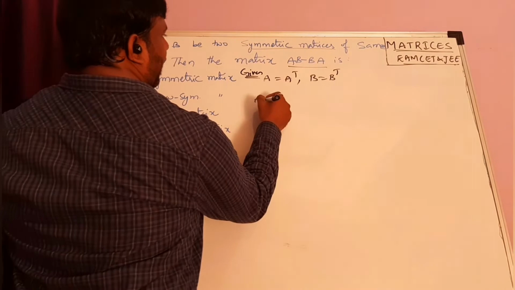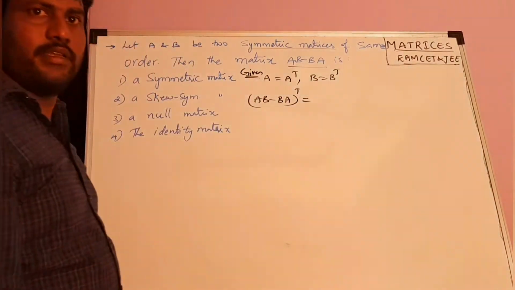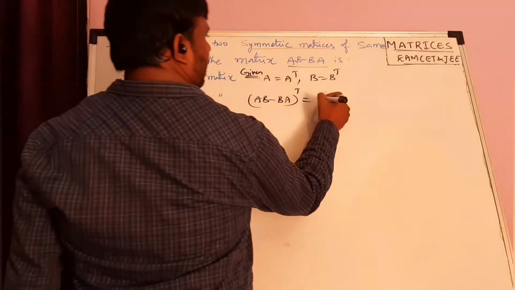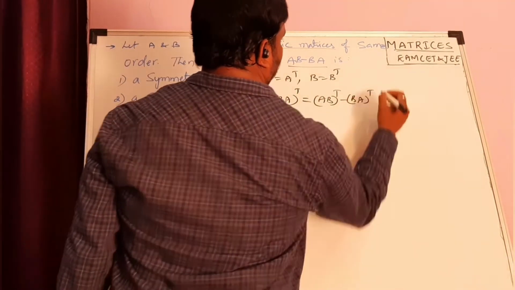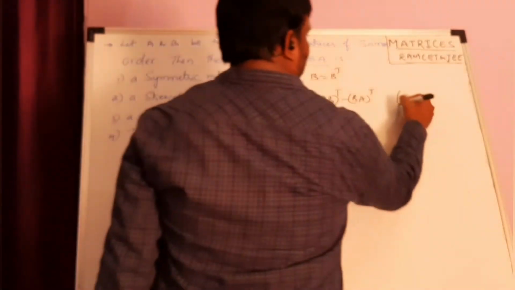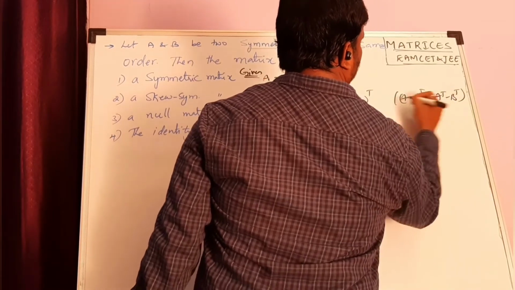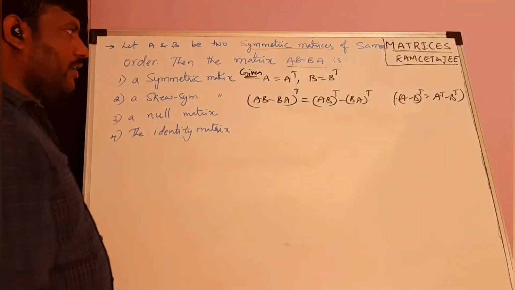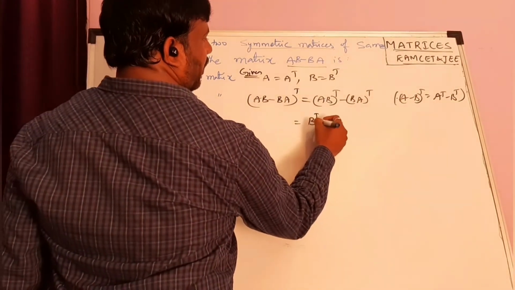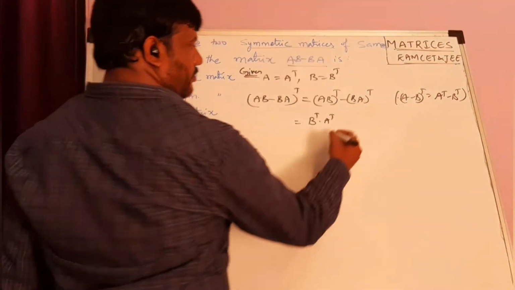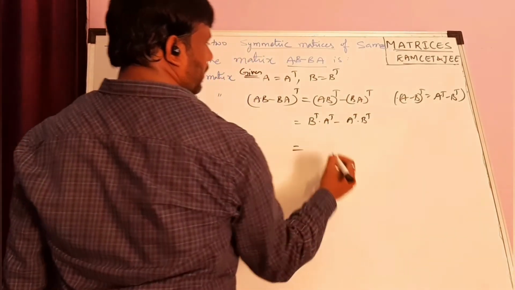Now see, take AB minus BA and do the whole transpose for this. According to the properties of transpose we can write it like this. Since (A minus B) whole transpose is A transpose minus B transpose, and for AB whole transpose, again by the property of transpose, you can write B transpose into A transpose, minus A transpose into B transpose.